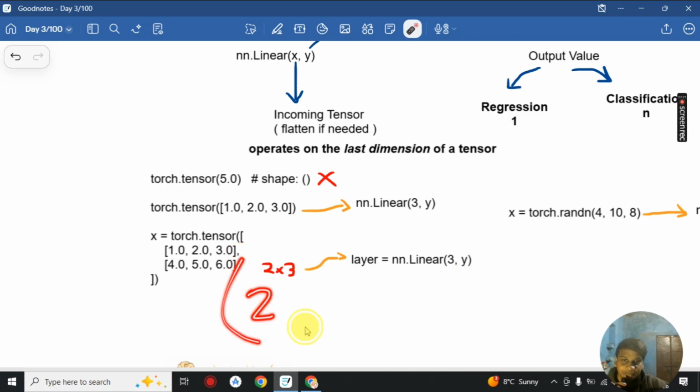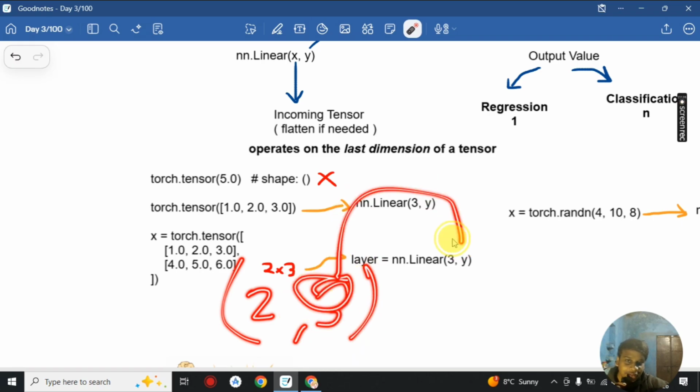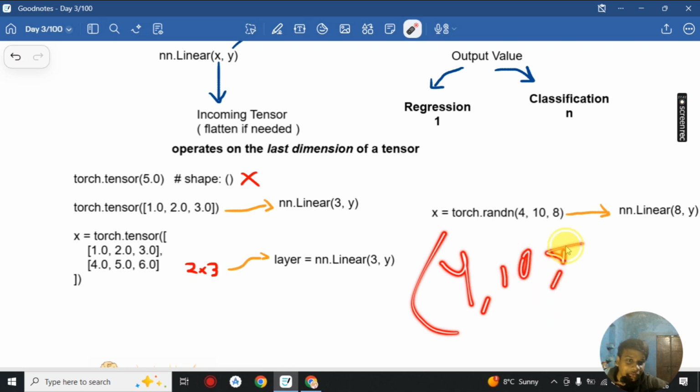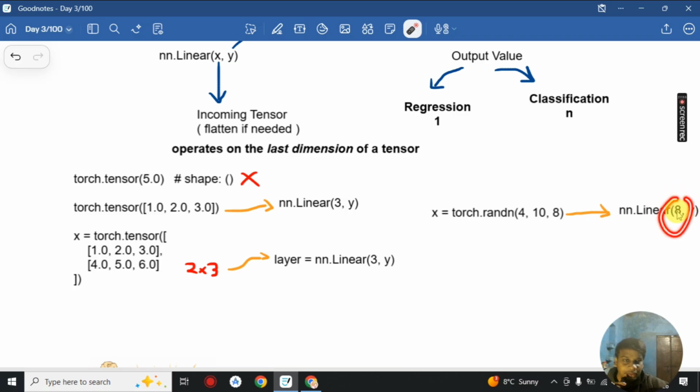Here the shape will be 2 cross 3 only, so the last part will define our input tensor. What happens if we do random with 4, 10 and 8? We will get the shape like this, 4, 10, 8, and the last value will define the input shape of the linear layer.